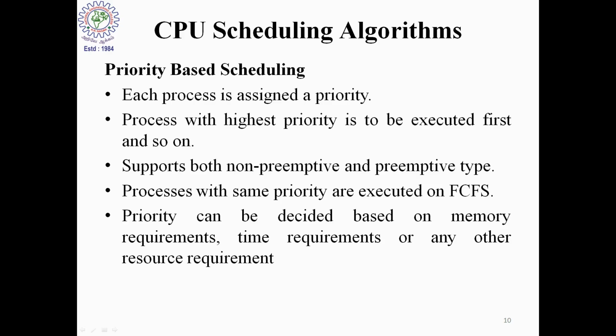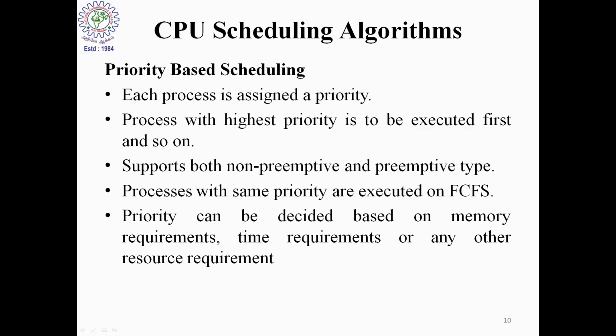The value of that priority tells us the importance of that process as it arrives at the ready queue, and whether it can be given the CPU next or not. That is decided based upon the priority of every process.